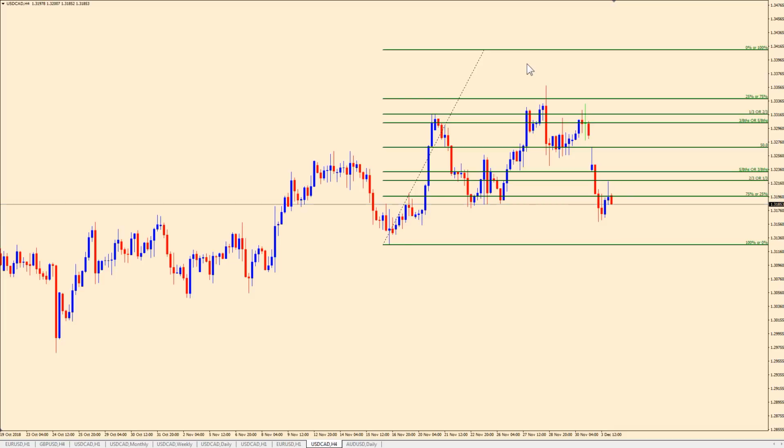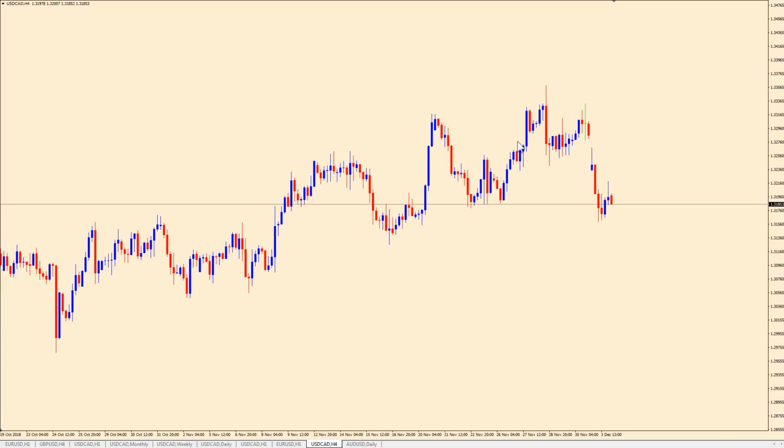But anyway, what we're going to look at here is the price extensions or price retracements that I use in the Forex market, specifically the United States dollar, Canadian dollar. Here's the thing.